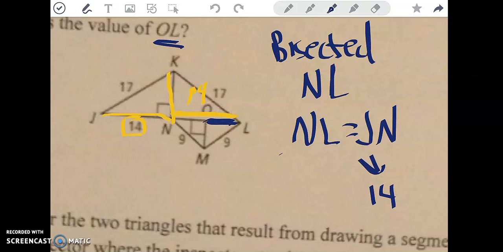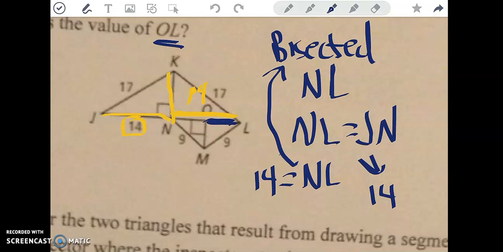So NL has to be 14 as well, because it equals JN. Because NL, as we said up here, is bisected, that means this 14 is now cut in half. So now OL is 7 because it is the halved version of NL.